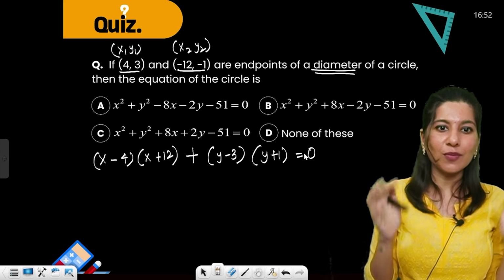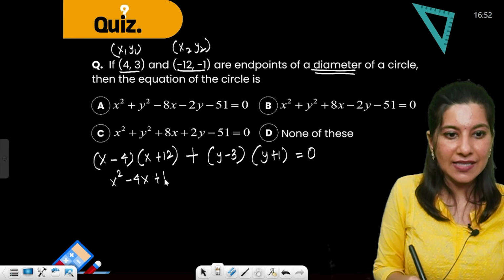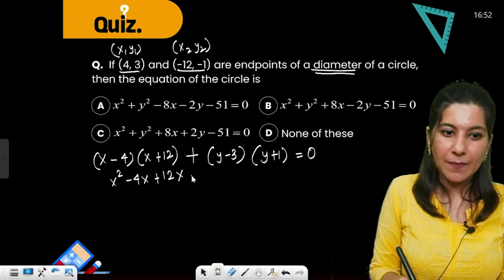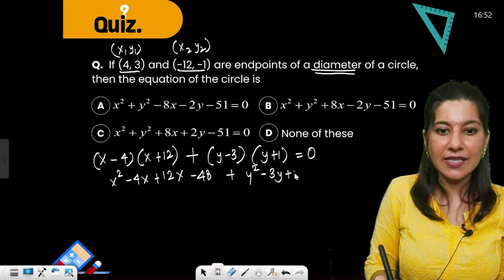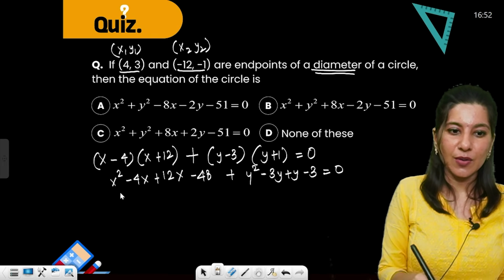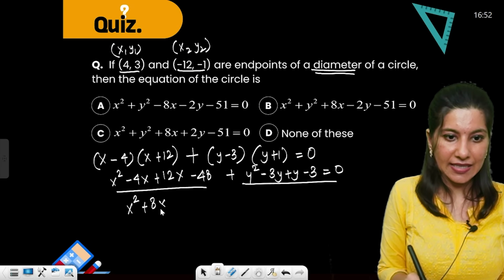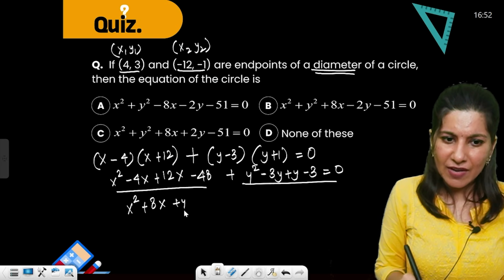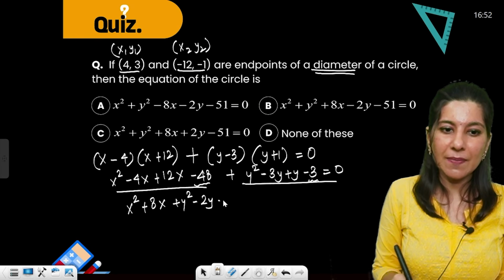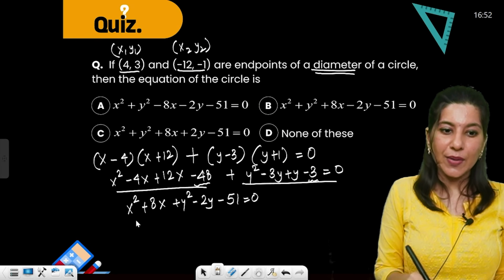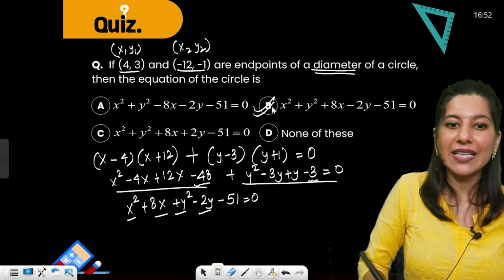Solve it. x square minus 4x plus 12x minus 48 plus y square minus 3y plus y minus 3 equals 0. Solving together, x square plus 8x plus y square minus 2y, and minus 48 and minus 3 will be minus 51 equals 0. So x square plus y square plus 8x minus 2y minus 51 equals 0. Option B is clearly the right answer.